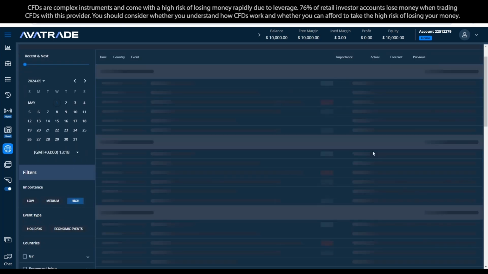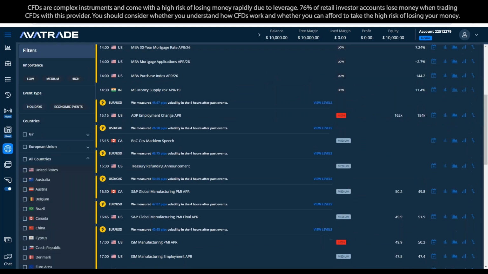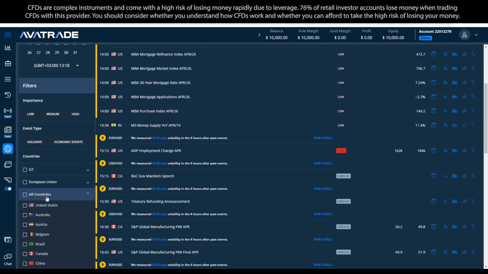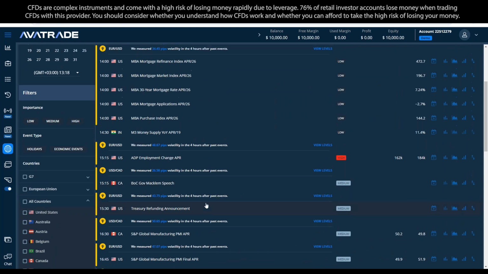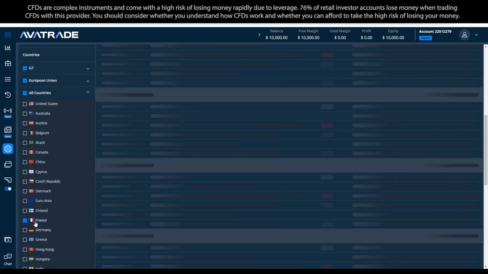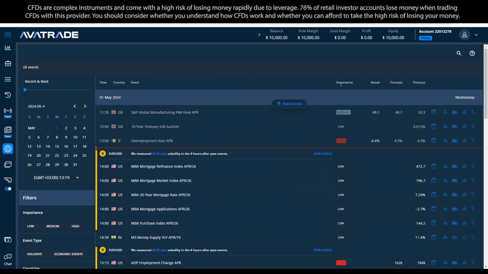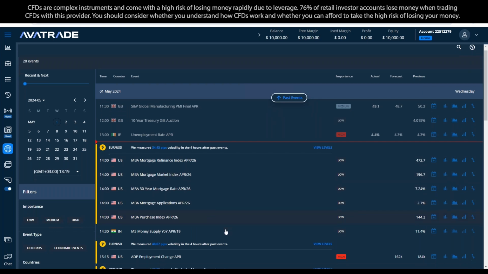Let's reset that. Now, the economic calendar, the way that it's built, you see we have the previous value. Let me find something interesting to look at.